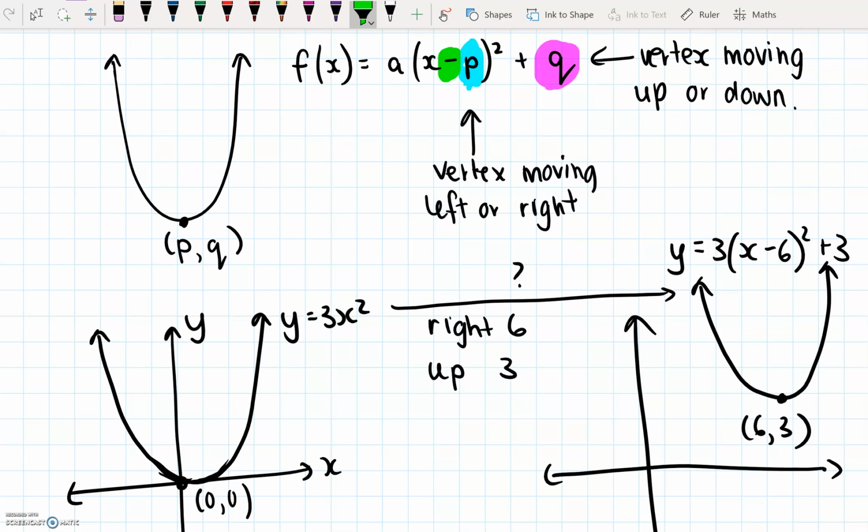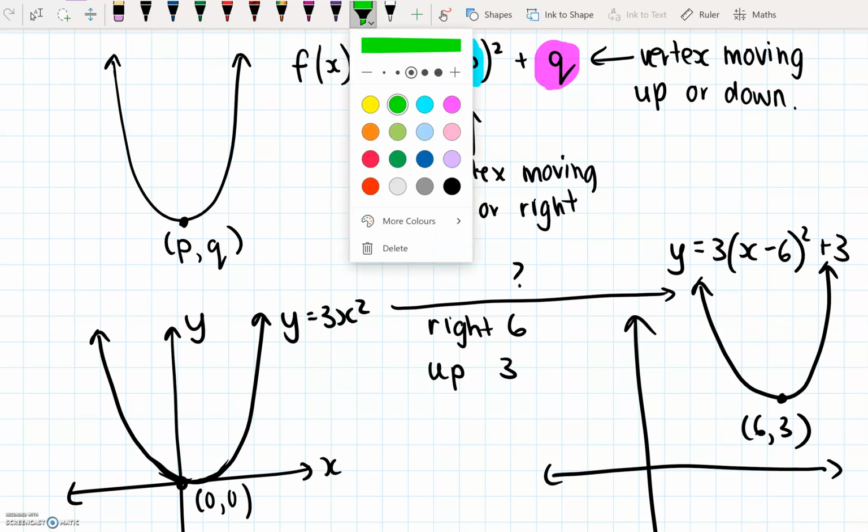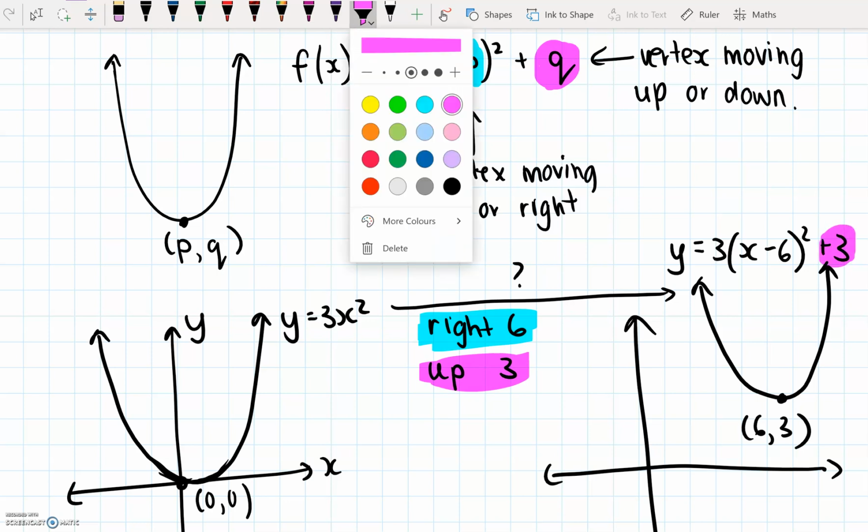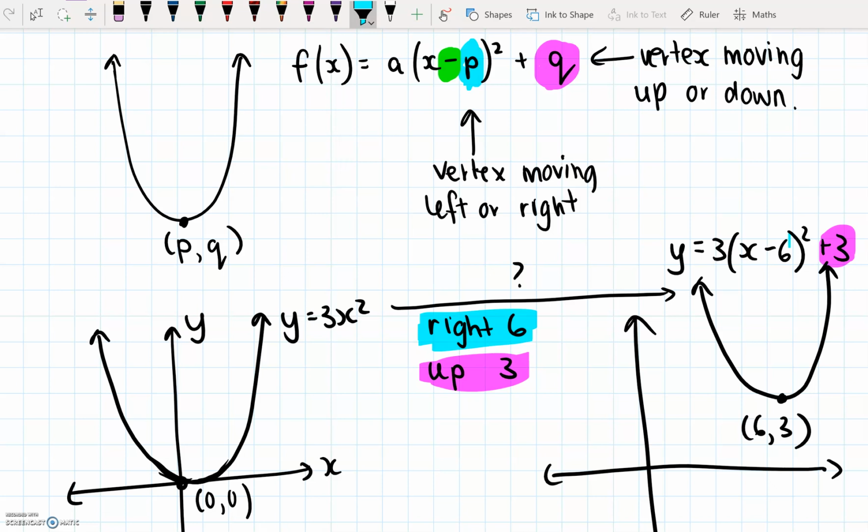So just be really careful with that, but the important thing is that you remember that the x in the formula is the opposite of what you expect it to be. The y just stays. So if we go up 3, we just make it +3. That's nice and clear.